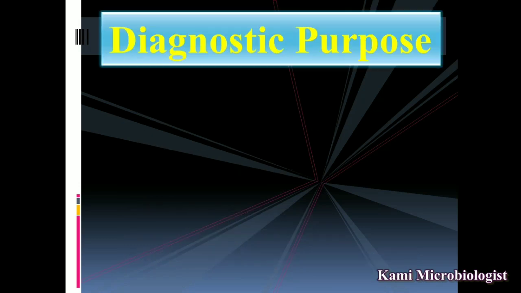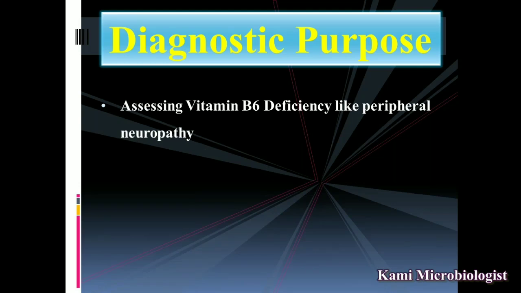Now let's see what is the diagnostic purpose of vitamin B6. This test is especially used to diagnose the deficiency related to a disease which we call peripheral neuropathy. Peripheral neuropathy is a neurological disease, or we can say a nerve related disease.